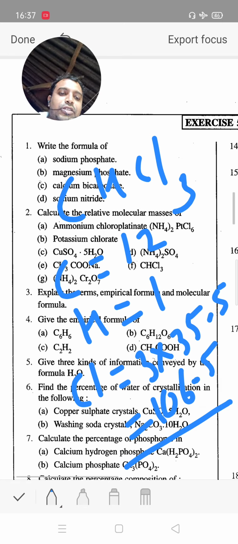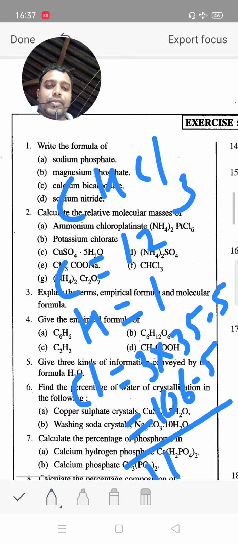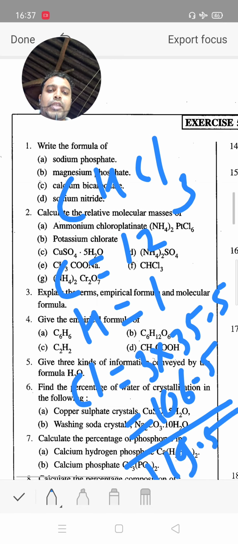Then total addition, we get 119.5. It is the relative molecular mass of chloroform, 119.5.